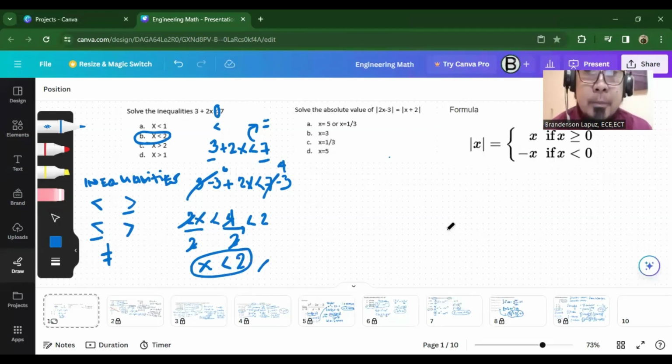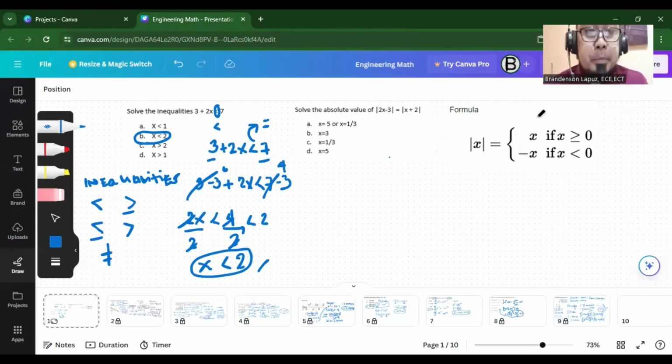Now going to the next problem. I have here: solve the absolute value of 2x minus 3 is equal to x plus 2. I have here a formula where the absolute value of x is equal to x if x is greater than or equal to 0.